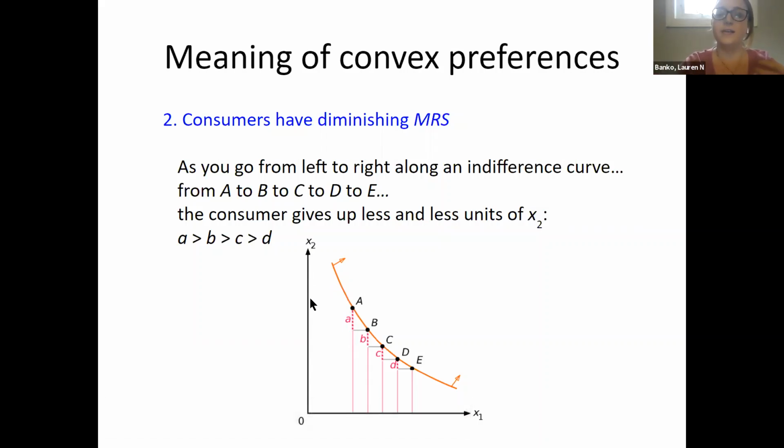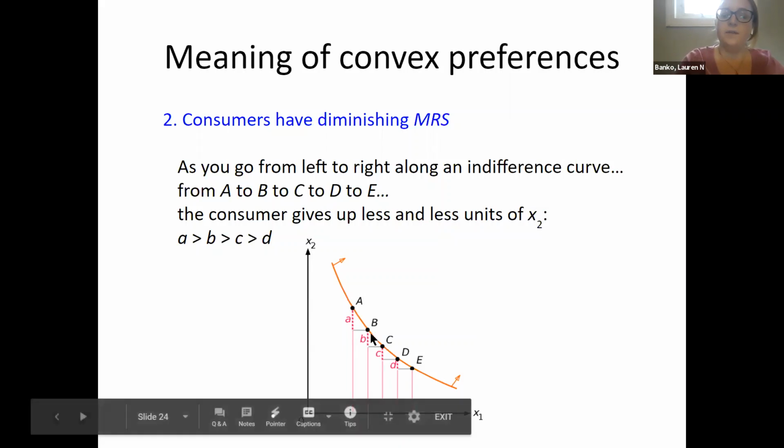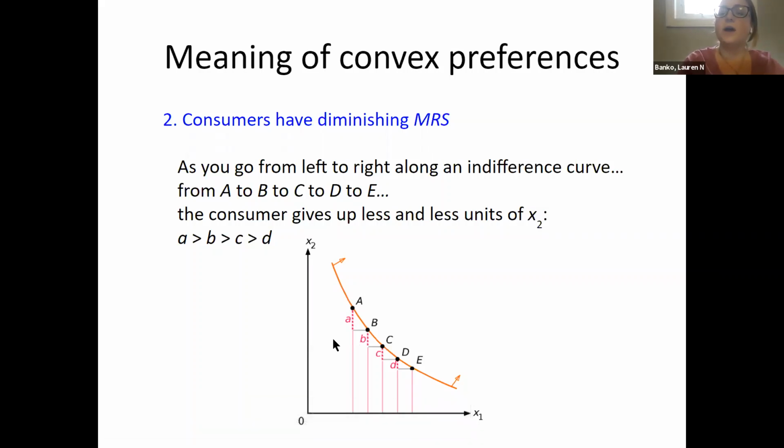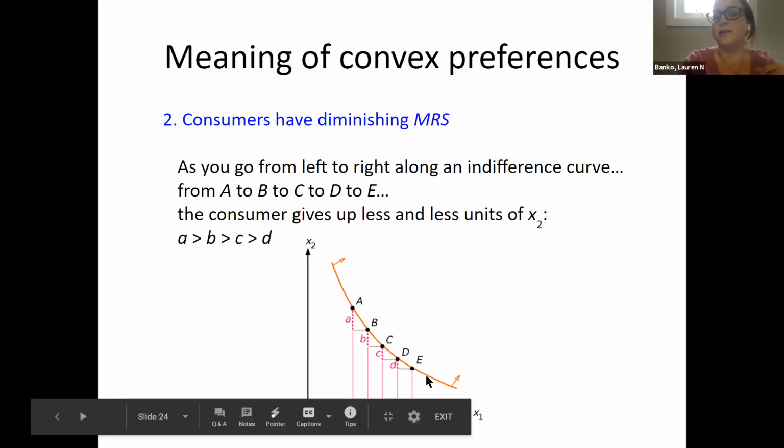We're like, oh, I don't need all of this. I just want one more X1. But then if we go, say, B to C, get one more X1, we're not willing to give up as many X2s because now we're getting less of them and getting more to like an even bundle. So our MRS goes down as we go down.